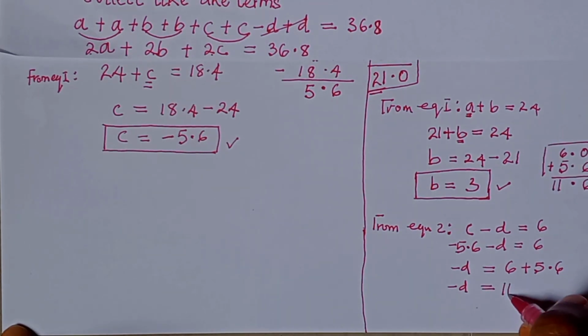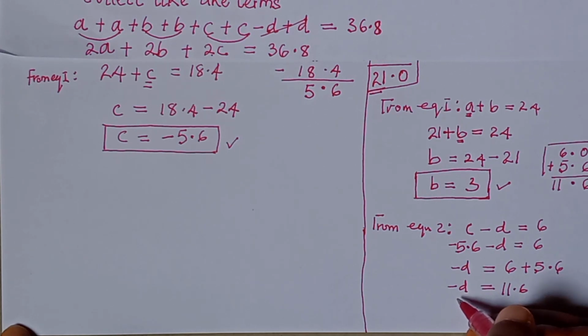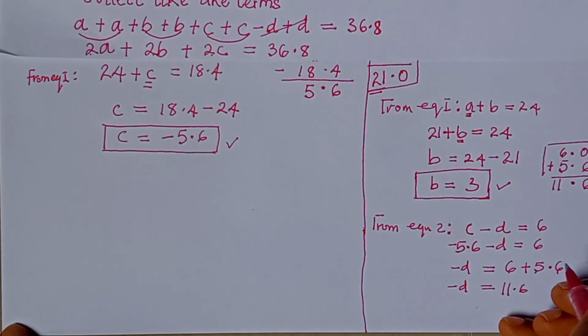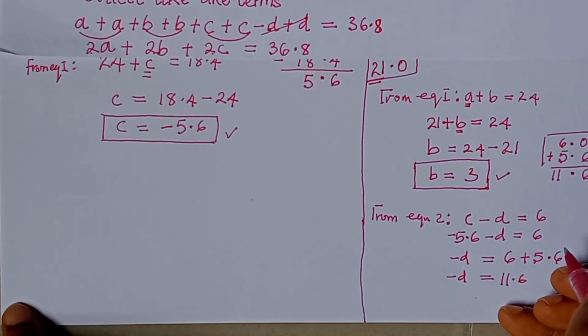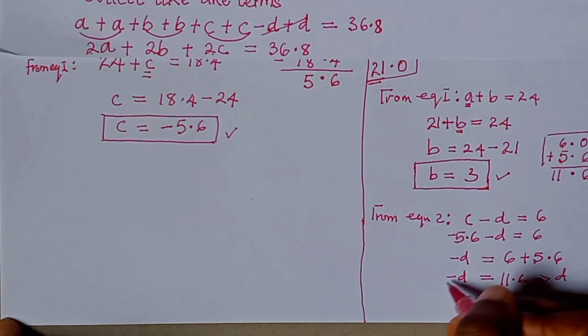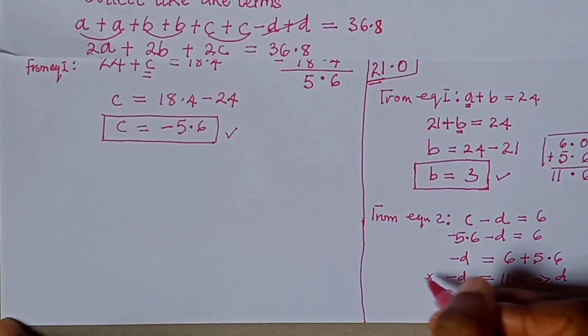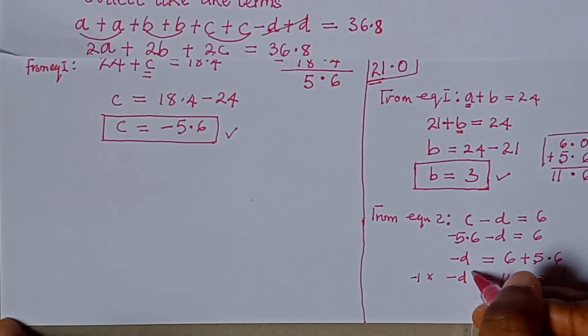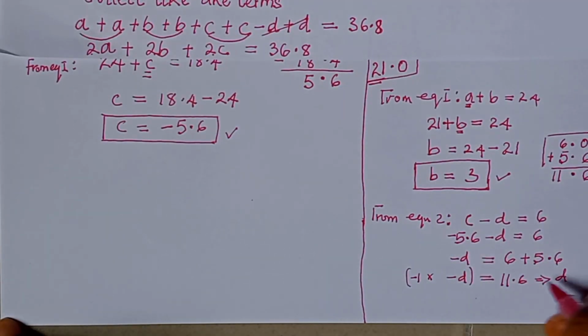That's not a final answer. We're looking for positive D, not a negative D. So at this point, we conclude by saying that our D, you multiply this by -1, and you multiply this by -1.